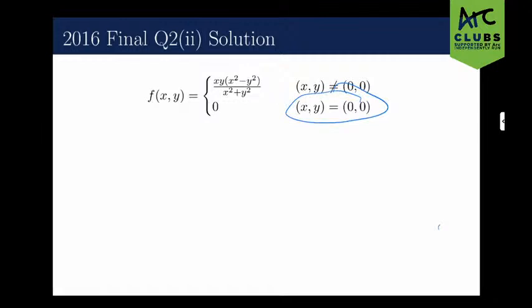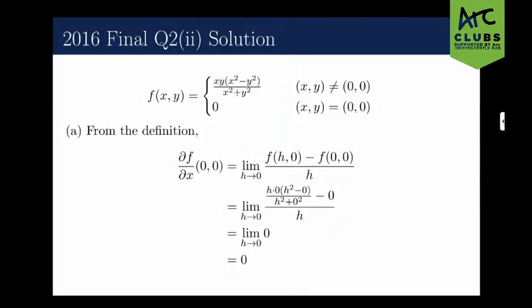Because if we differentiate this one normally and then substitute in 0, 0, you'll find that it doesn't quite work. What we need here is to find it at x, y equals 0, 0 using the definition, just from the previous slides.